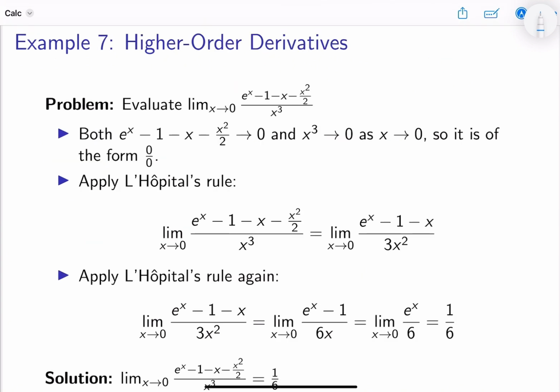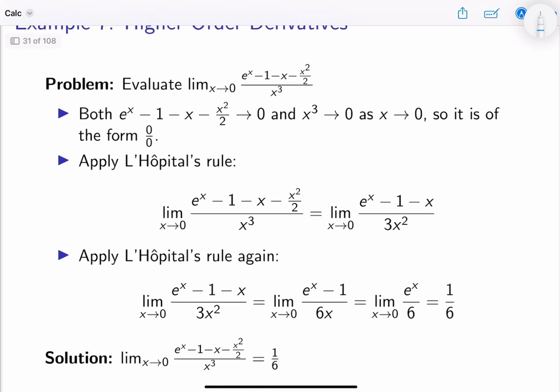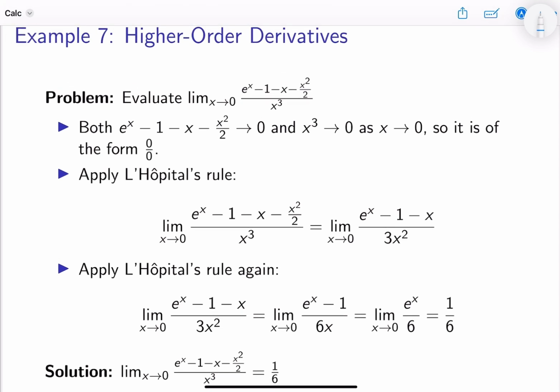As an exercise, I'm going to leave this limit for you to practice the idea of what we just said. You just apply L'Hopital's rule multiple times, and you get the limit. And there's something important to see here.